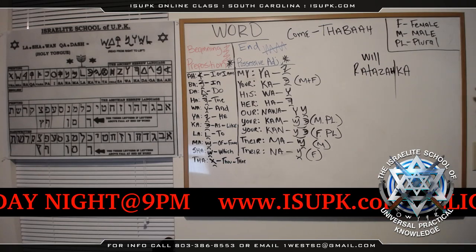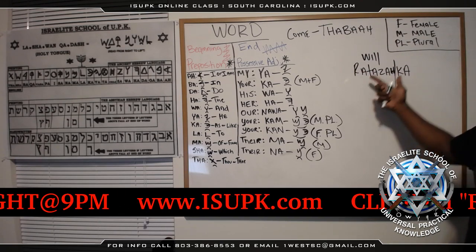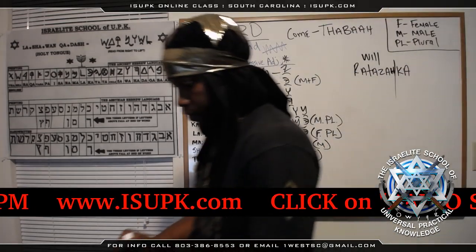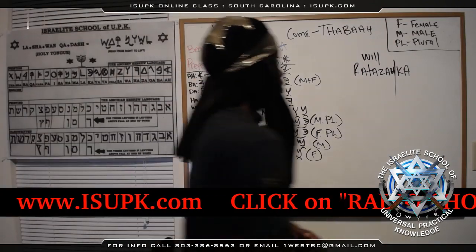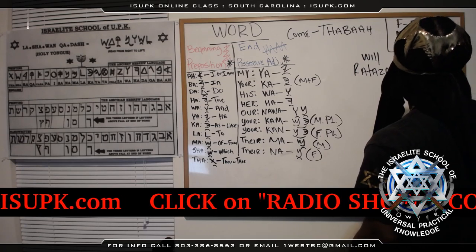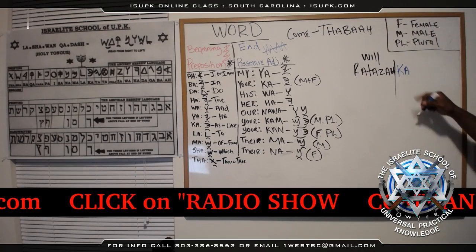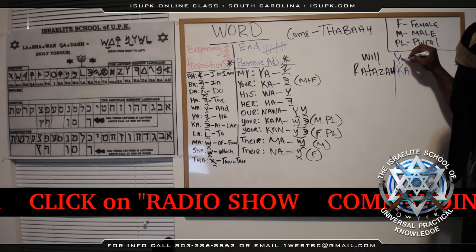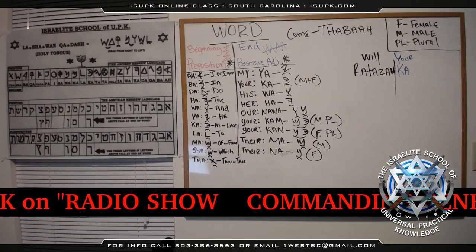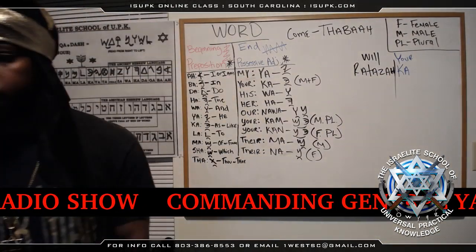Thy kingdom come: malak wath ka, taba'a, come, your will, with the preposition lacking and the possessive adjective, ra-ta-za-ka. Ra-ta-za-ka means your will. Your will be done, right?